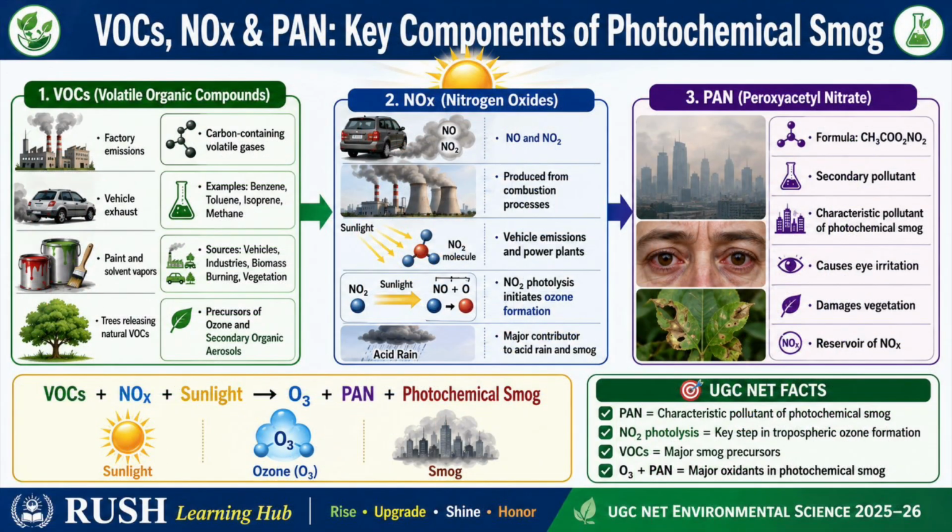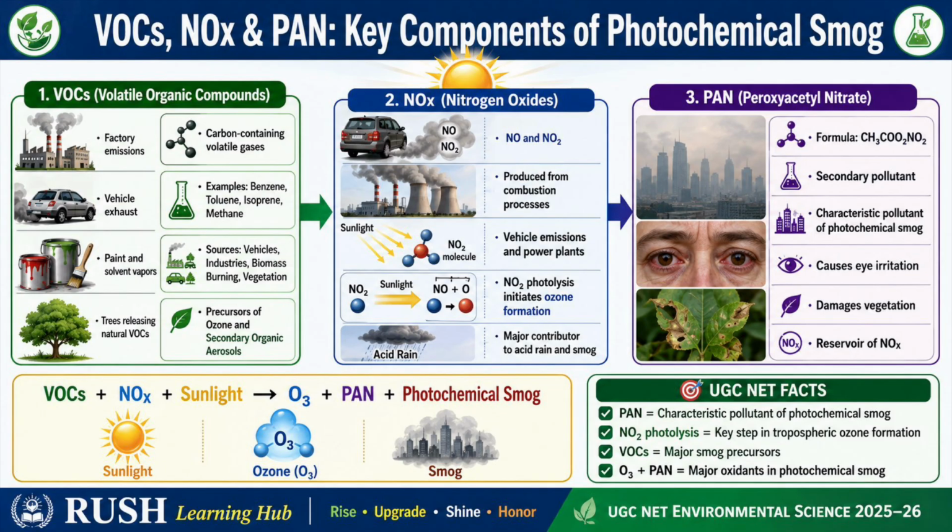Major sources include vehicle exhaust, thermal power plants, industrial boilers, biomass burning, and fossil fuel combustion. When fuel burns at high temperatures, atmospheric nitrogen reacts with oxygen to form nitric oxide. Nitric oxide is then oxidized to nitrogen dioxide.